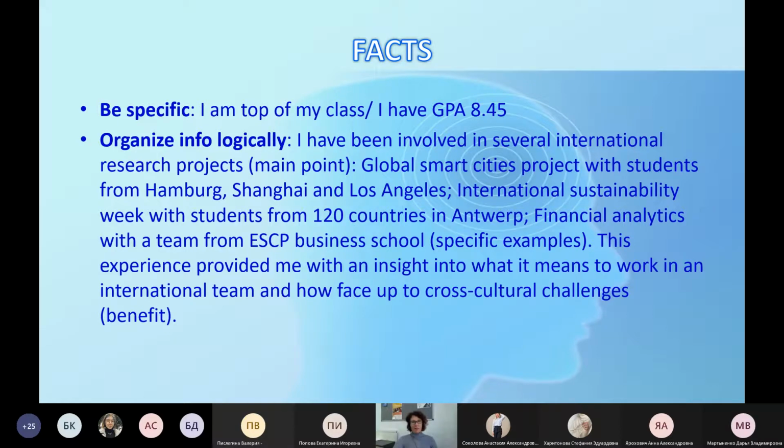Exactly what makes you stand out. But also when you're specific, just make sure that you organize your information logically. For example, here you have an example of a letter where you have a kind of logical connection between points. I have been involved in several international research projects. Okay, that's the main point, right?